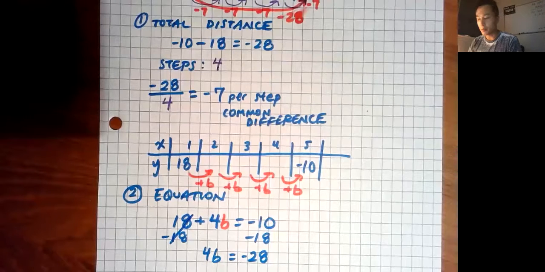The opposite of multiplying by 4 is dividing by 4. So I'm going to divide both sides by 4. These 4's just become 1, so I'm left with b is equal to negative 28 divided by 4, which is equal to negative 7. So now I know that my common difference is negative 7.